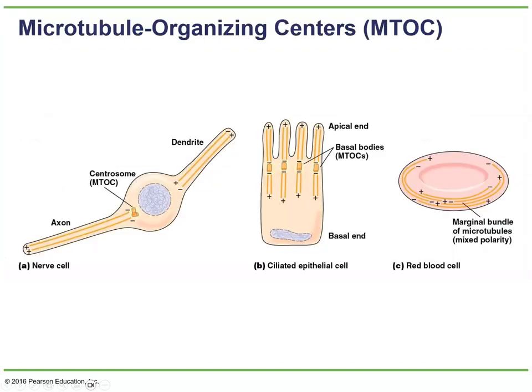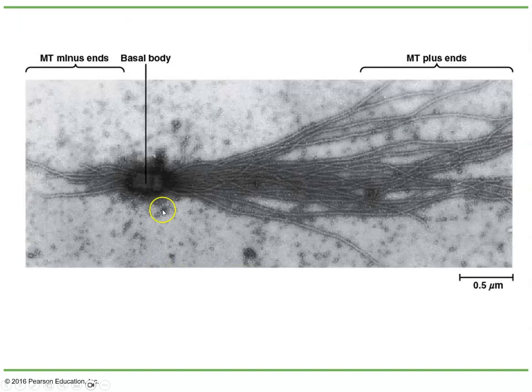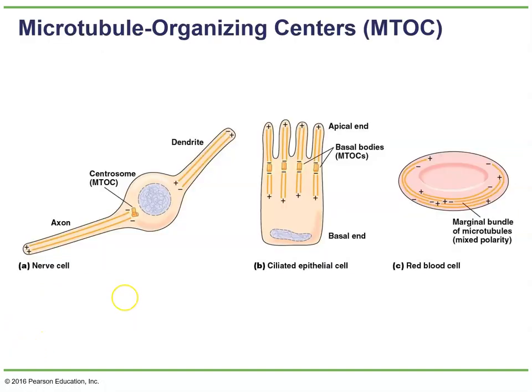A few slides back, you can see this basal body, and that area is important because microtubules typically originate from what's called the microtubule organizing center, or MTOC, which are these little spots shown in these various cells. If that microtubule organizing center is near the nucleus, we typically call that the centrosome.